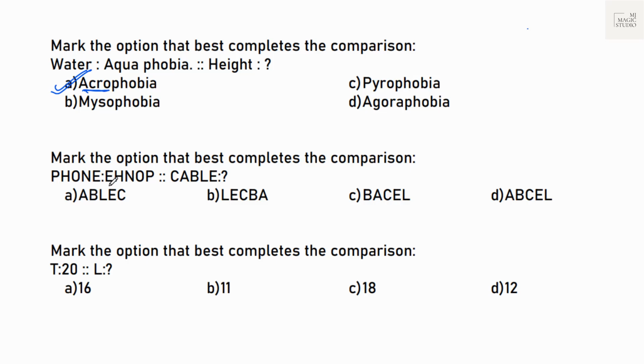It is not reversed, but it is alphabetically arranged. Great. So if we arrange cable alphabetically, we'll get A first, and then B, C, E, and L. Option D should fit in. And the next one, T20. Okay, we know that T is the 20th position in the English alphabet, so T is 20. So the position for the letter L is 12. So option D fits in.